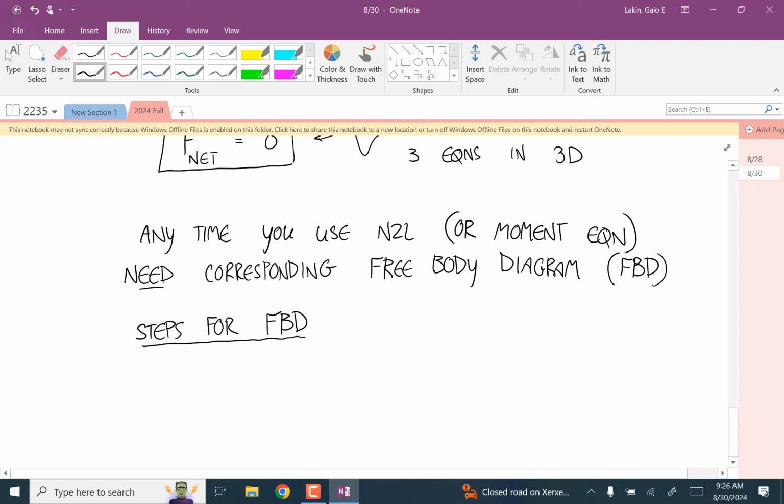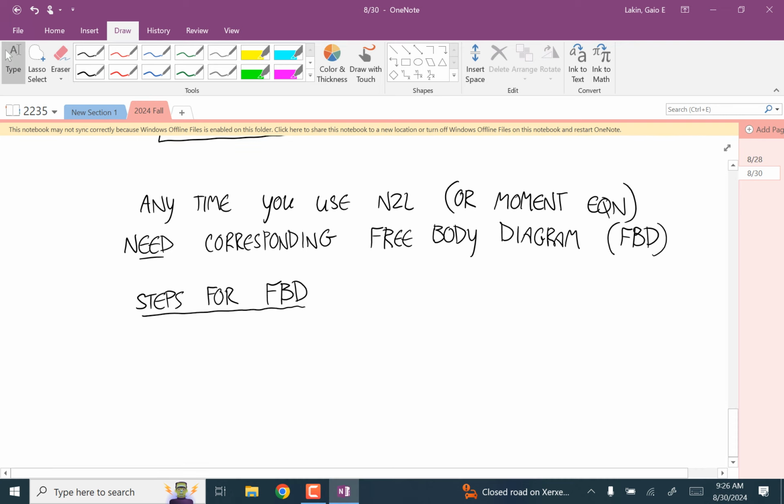You don't have to be too artistic about it, but it has to be accurate enough to show the different sides, the top and the bottom, give you a sense of what's included in the free body and what's outside the boundary. So step 1 is draw a closed outline of the chosen body.